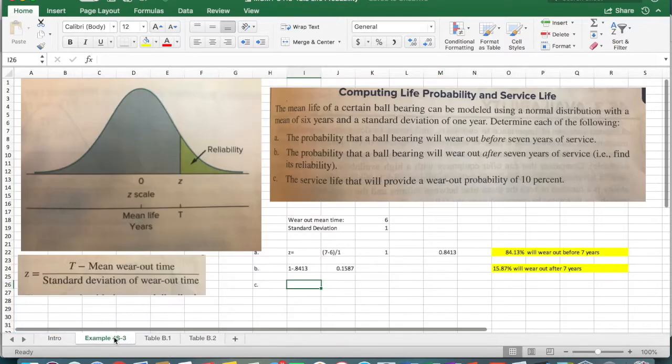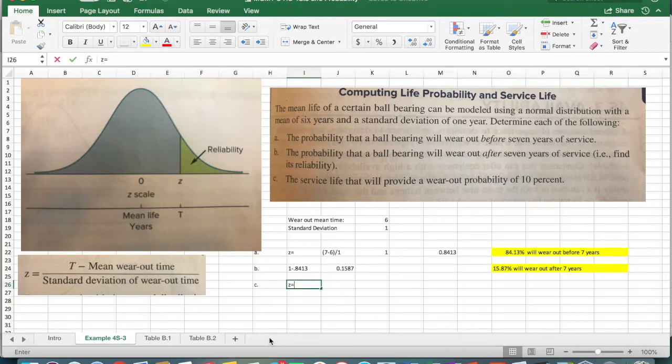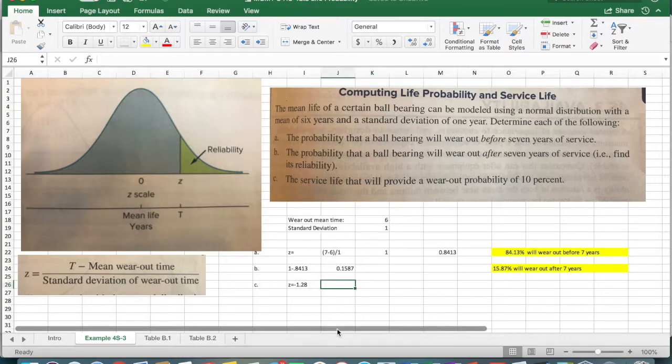So going back here, we know our z equals negative 1.28. We have to figure out what our t is. Remember, t minus the mean wear out time divided by the standard deviation equals z. So negative 1.28 equals t, which we're solving for, minus the mean wear out time, which is 6, divided by 1.